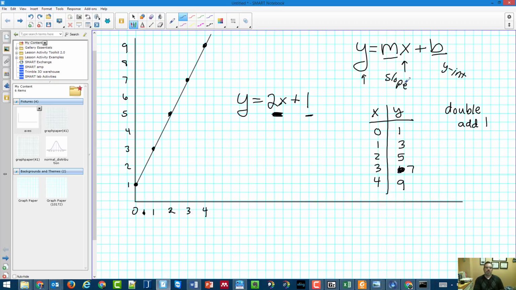And so a couple of things to remember as you're looking at this when we talk about these things. Probably the most important constant here is the 2, also known as the slope.